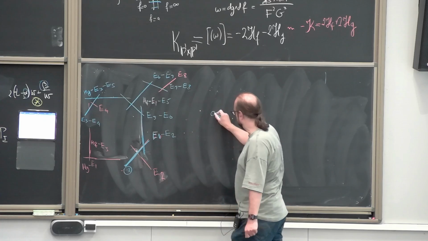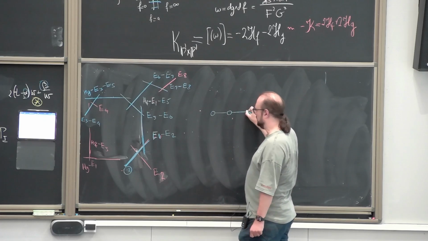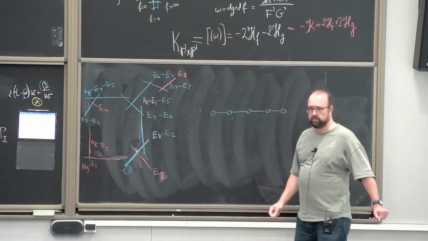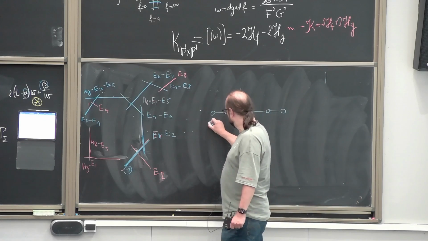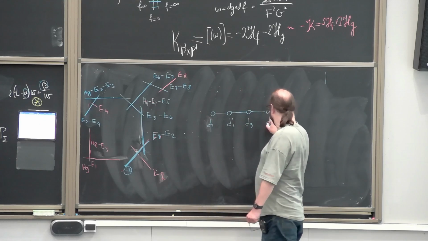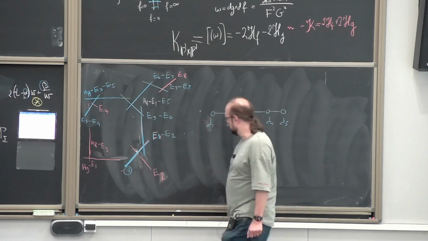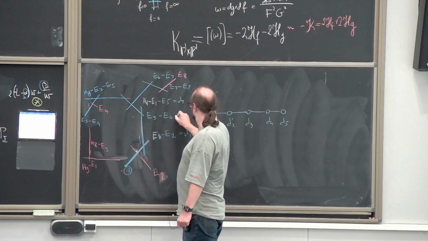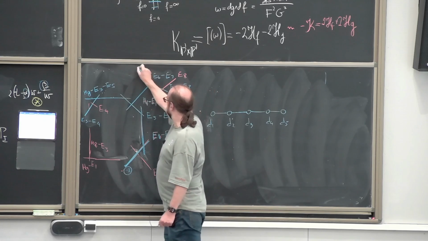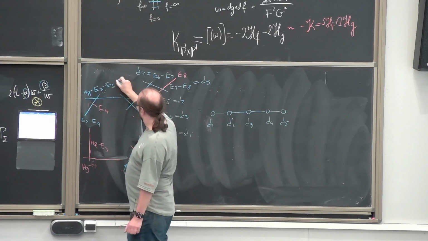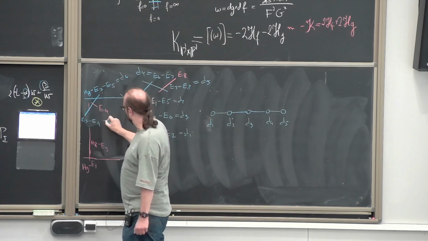You have this curve, then this curve, then this curve, then this curve, then this curve. So let me call them D1, D2, D3, D4, D5. So this is my D1, D2, D3, D4, D5, and I will call this D6, and I will call this D0.